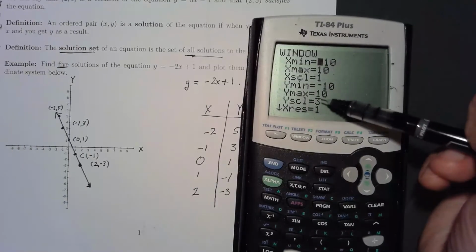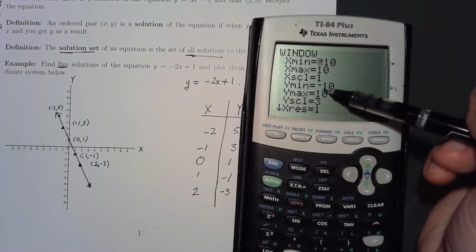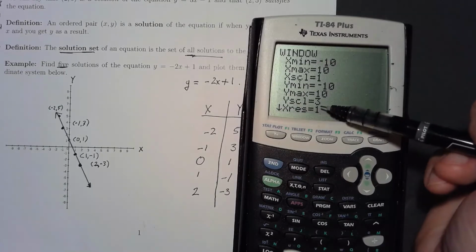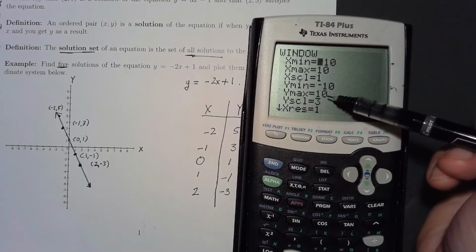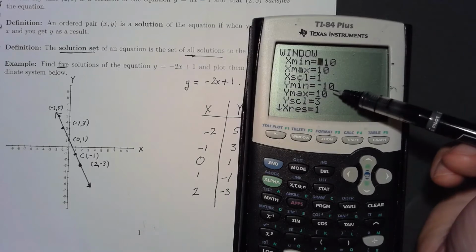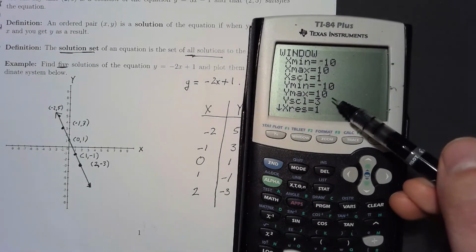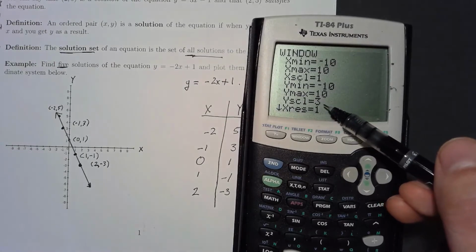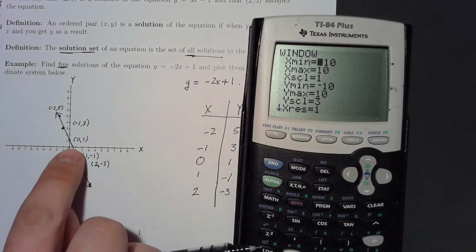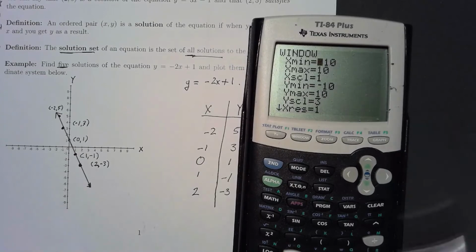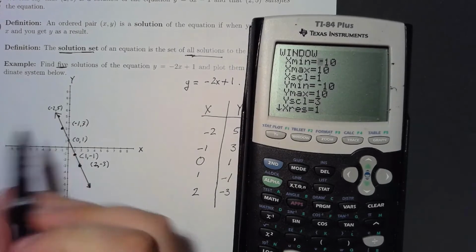And if you look at the y direction, everything's the same except for the scale. The minimum value is negative 10, which is down here, and the maximum value is 10, which is right here. But the scale is in increments of 3, so it's not quite exactly what I have here. If it were, it would be 0, 3, 6, 9, and so on.